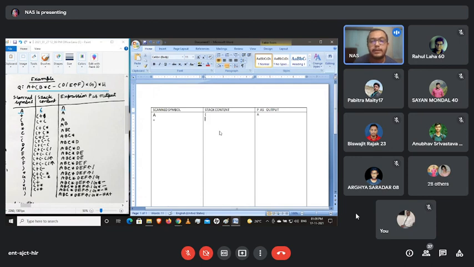Plus will be here because plus is an operator, and operators stay in the stack until we encounter a closing bracket or an operator of higher or lower precedence. And this output will come as it is.